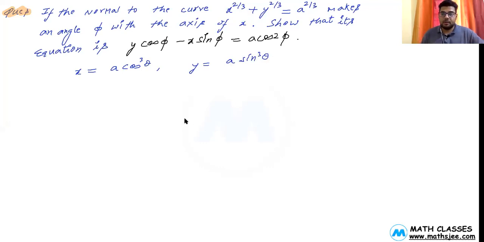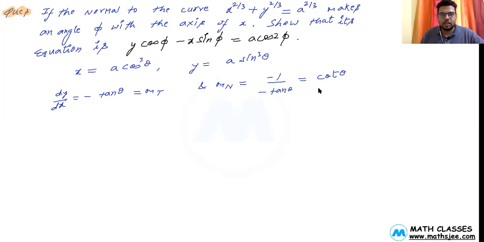Now when we found the derivative in the last example, it was minus tan theta, right? This minus tan theta is the slope of the tangent. Now we have to find the slope of the normal. So clearly it is minus 1 upon minus tan theta, that is equal to cot theta.